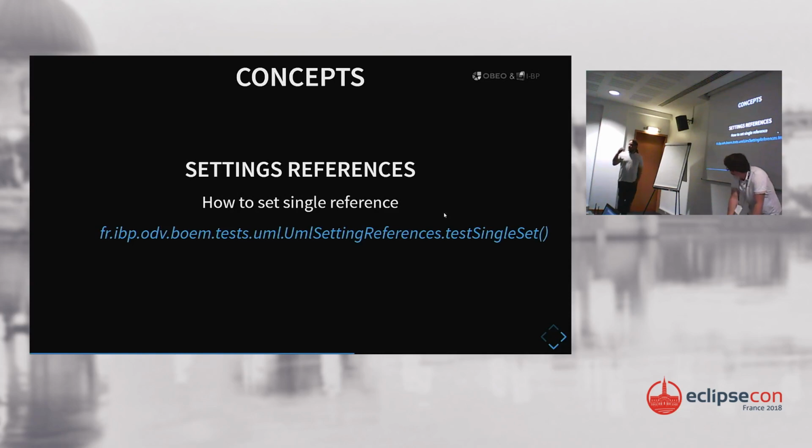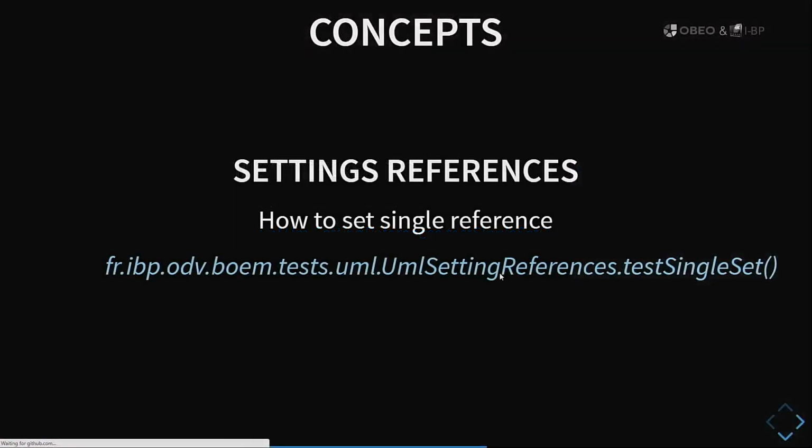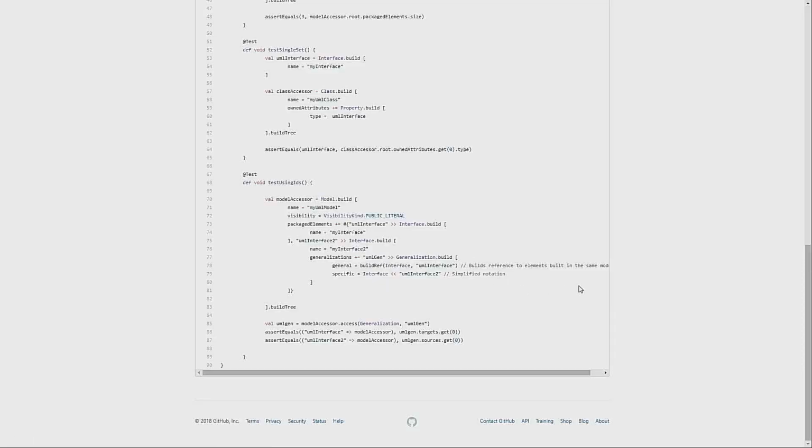Now, once we have a couple of objects, we need to reuse them, so now we need to reuse those references or the IDs of the objects we just built. There are two ways to do it. Either you simply create an interface and you reuse it, just the variable of the interface. Another way is to use the IDs you defined earlier or afterwards.